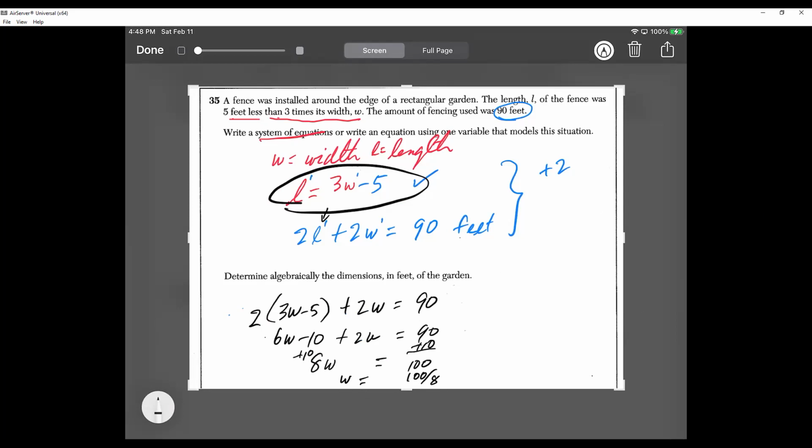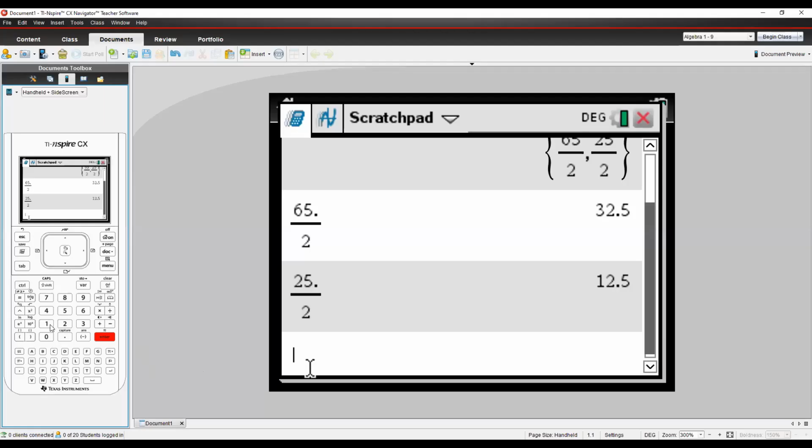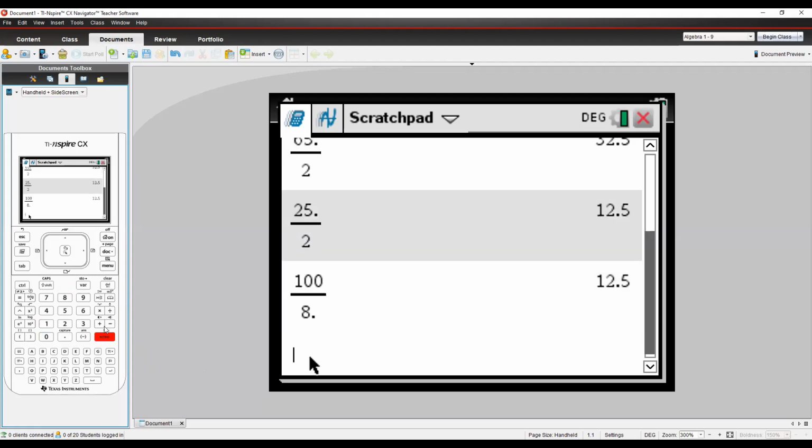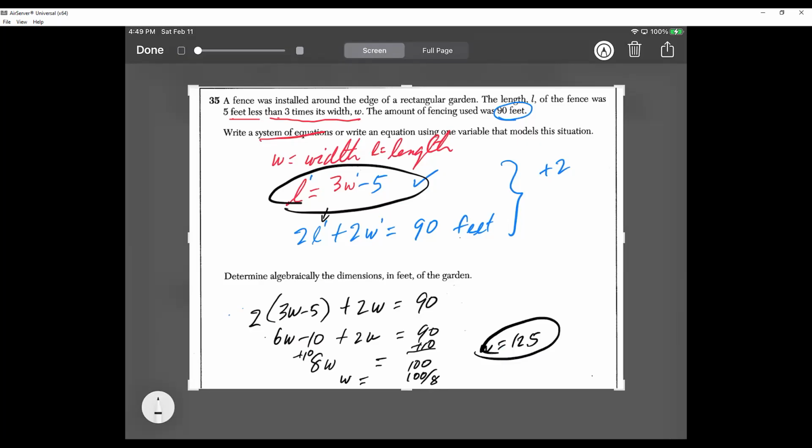If I calculate 100 divided by 8, I'm going to put a point in there, and I get 12.5. Then what I'm going to do is substitute that back into the equation and solve for L. If I use this equation right here, 3 times 12.5 and then subtract 5, that's going to tell me what L is.